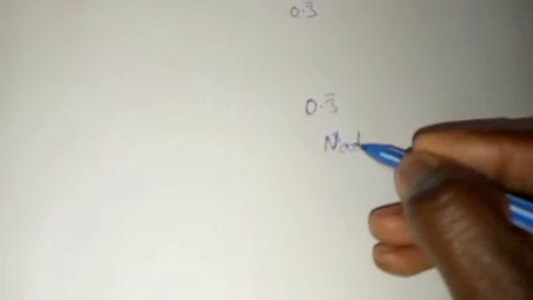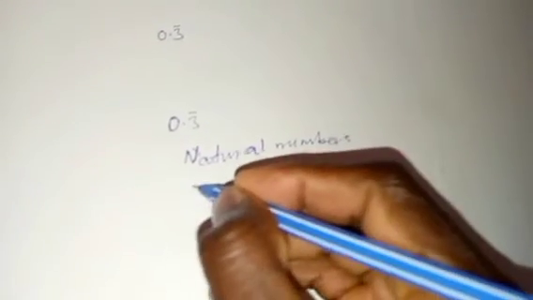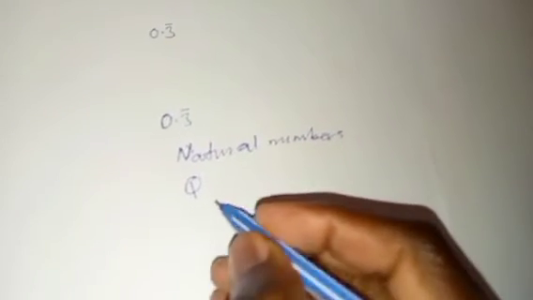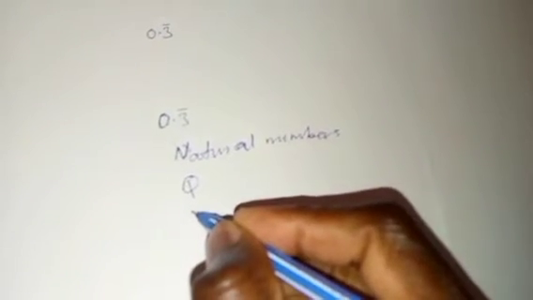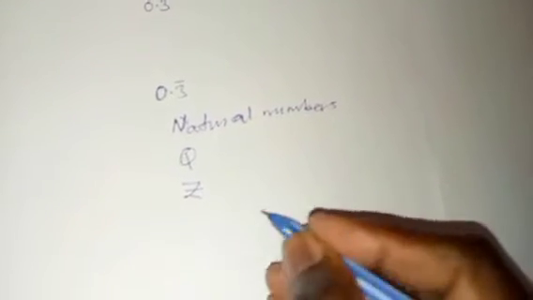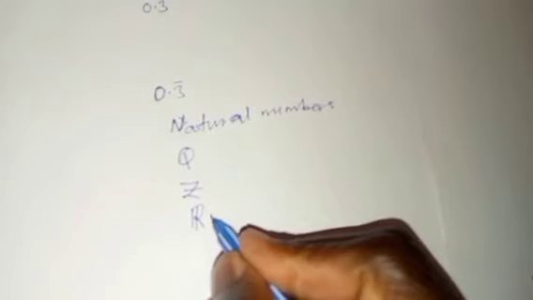So these different types of sets, a good example, we can have natural numbers labeled as N. Then we can also have irrational numbers, labeled with letter Q. Then we can also have integers that are labeled with letter Z. Then we can also have real numbers that are labeled with letter R. So real numbers are all numbers on the number line.